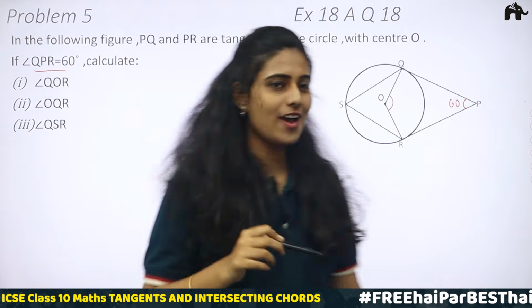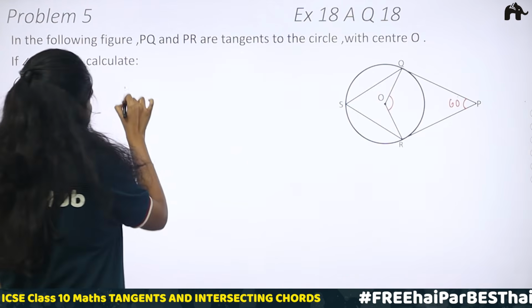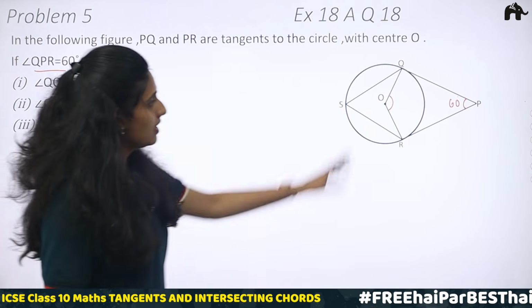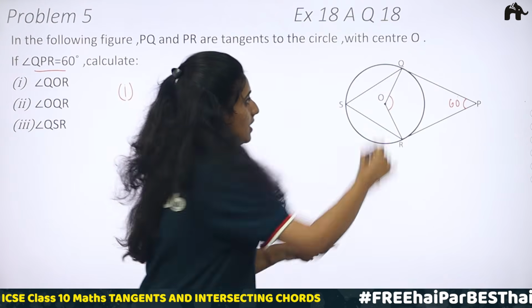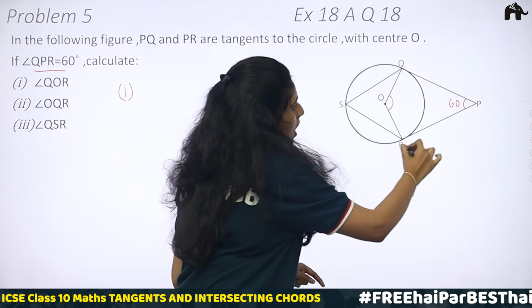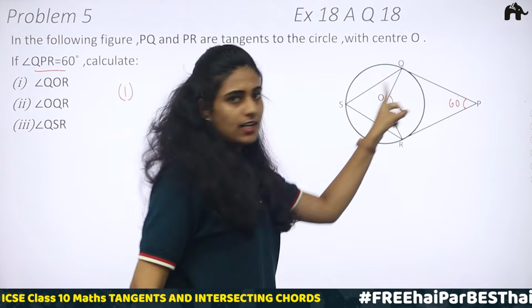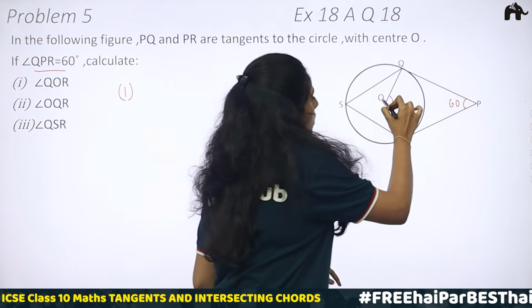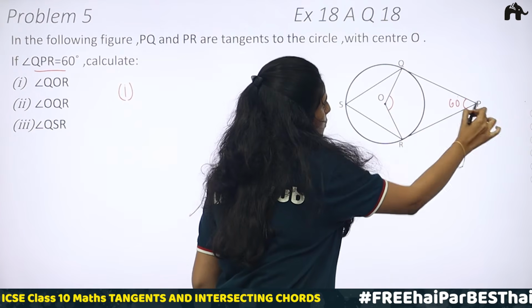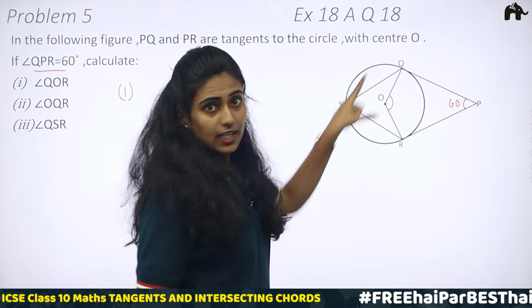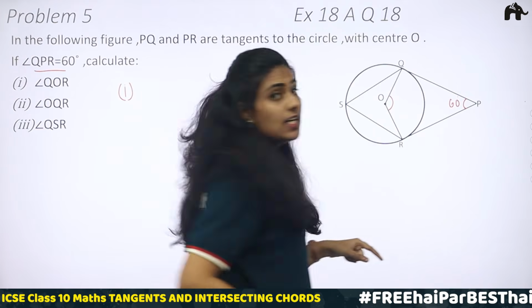How to find QOR? For the first part, consider this figure, that is QORP. This is a quadrilateral. Now, what is the angle OQP? We have OQ is the radius and QP is the tangent.